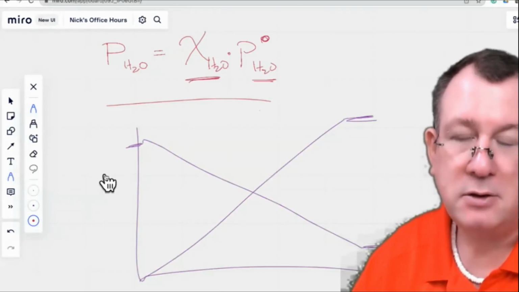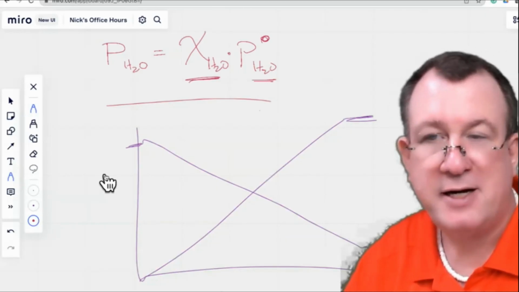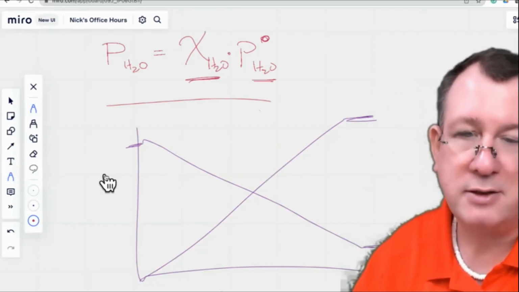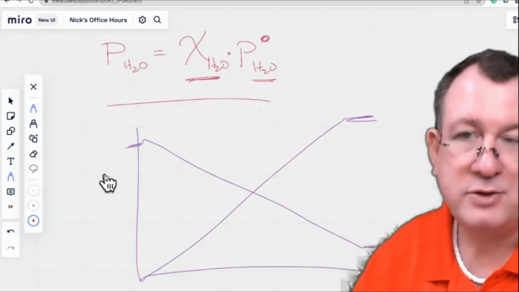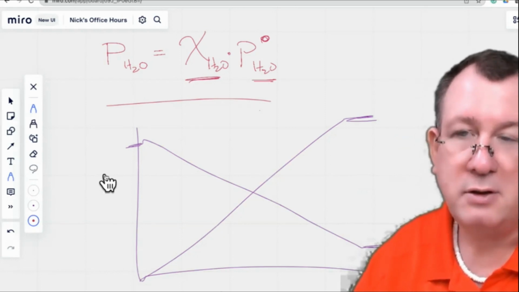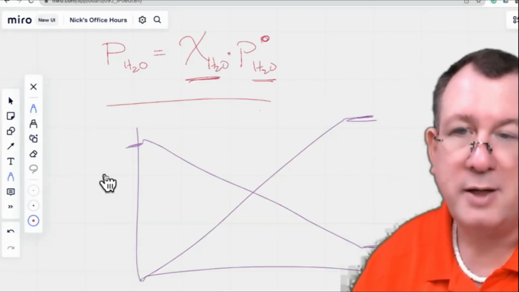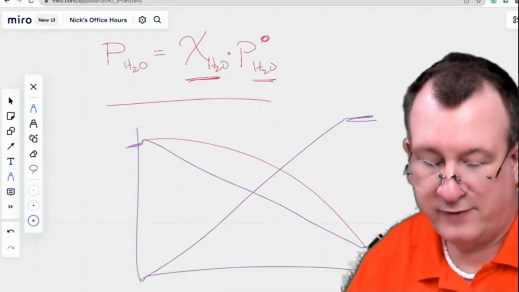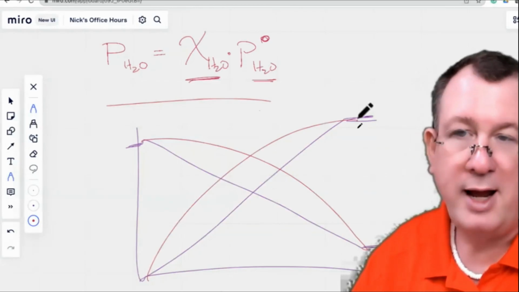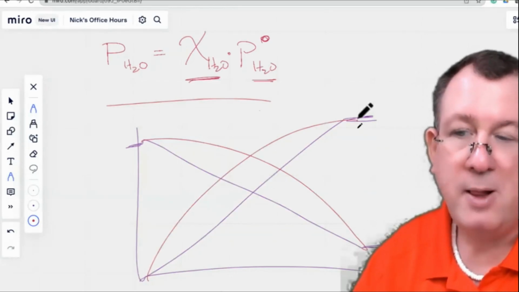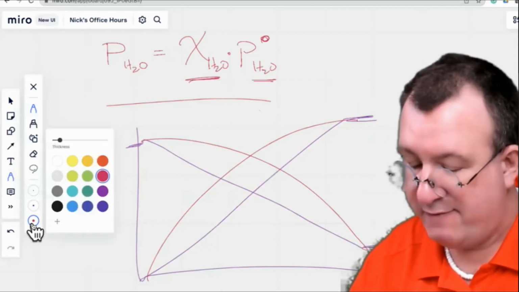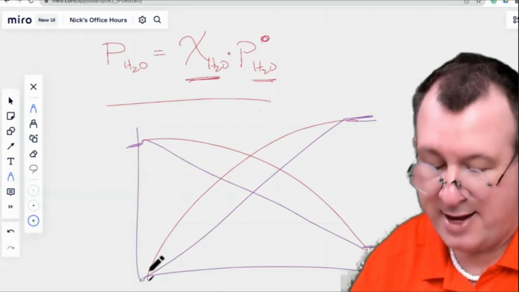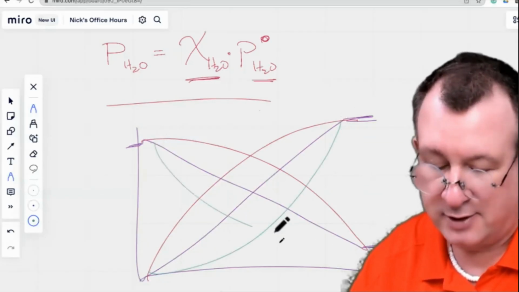If the stuff that I'm adding that is holding the other thing in solution gets weaker, what do you think is going to happen to the vapor pressure? Yeah, it's going to go up, right? So you'll see a curve that kind of looks like this for a real substance where the adhesive interactions are weaker. And you can have a situation where they're actually stronger. And then the vapor pressure is even less. The curves look like this. Okay.